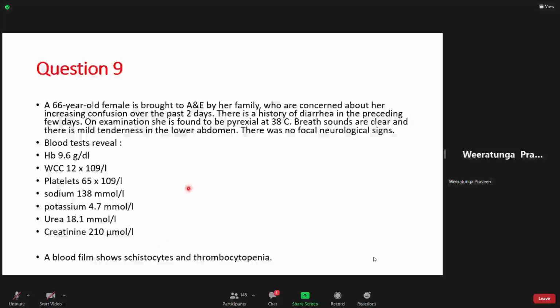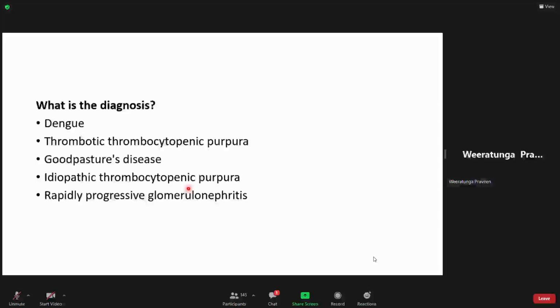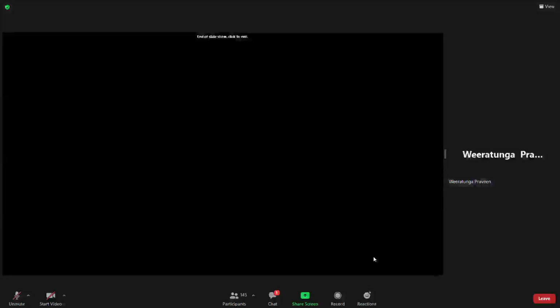Diarrhea with a fragmentation syndrome, what could it be? HUS or TTP could come. It's a fragmentation syndrome with renal impairment and diarrhea. Shigella can cause it, and E. coli, there is one called O157. Okay.